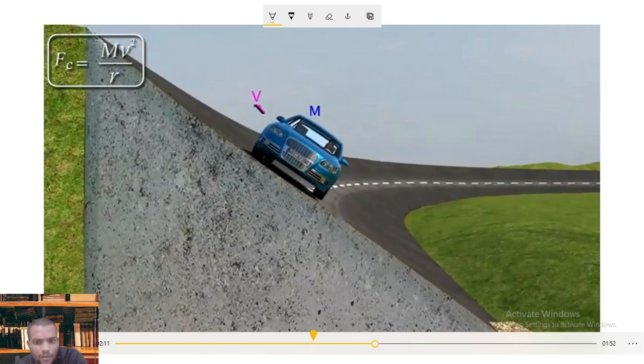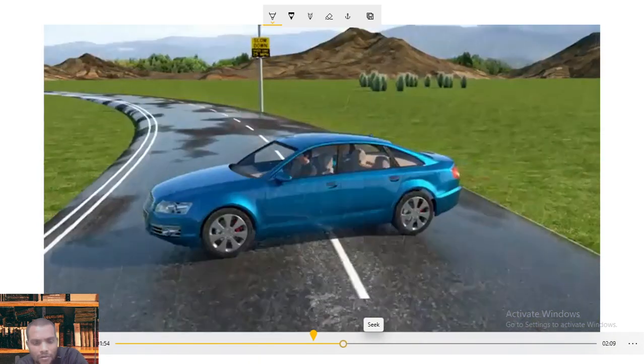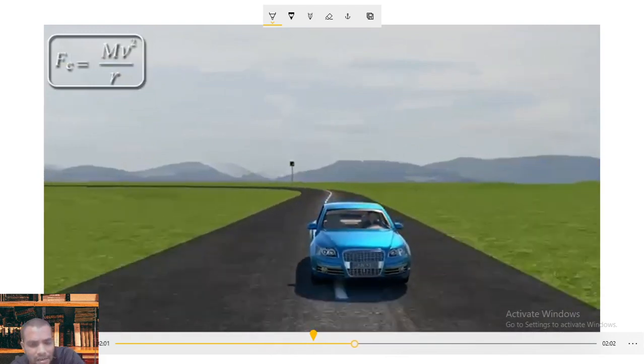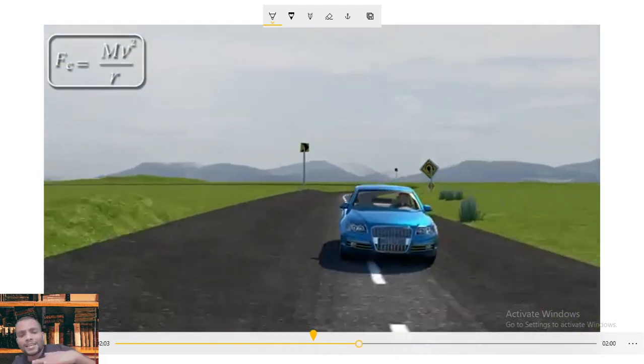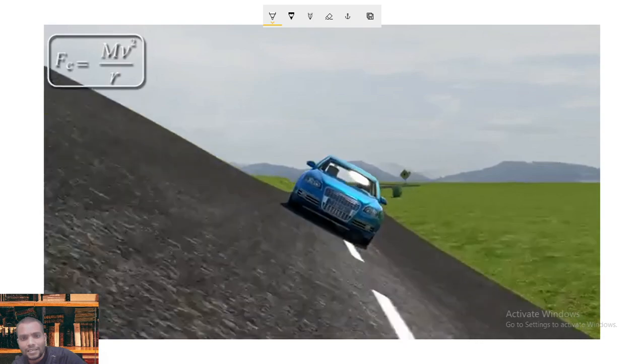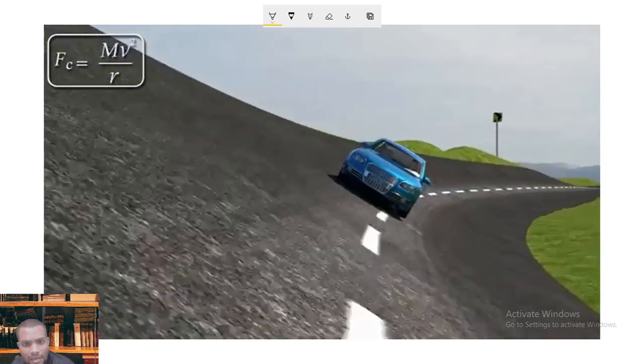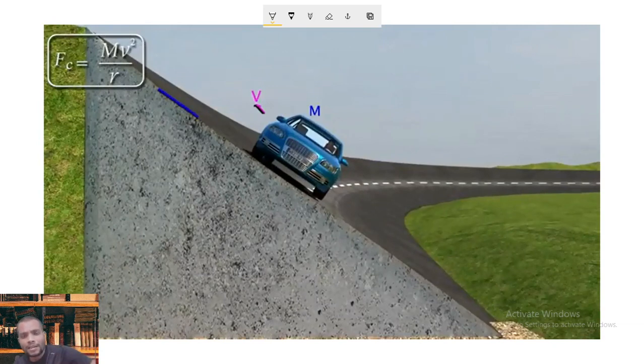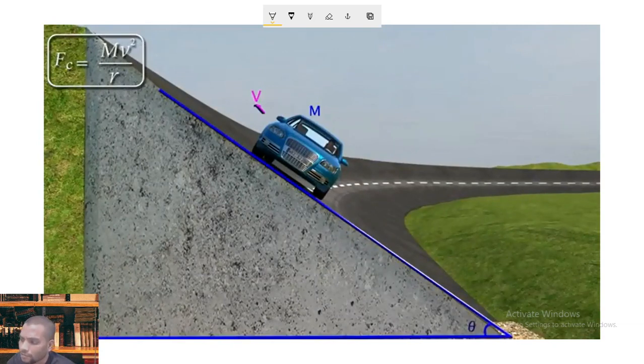Banking of the road means there is a raise in the road level on the outside of the road. One side will be raised up and the other side raised down.